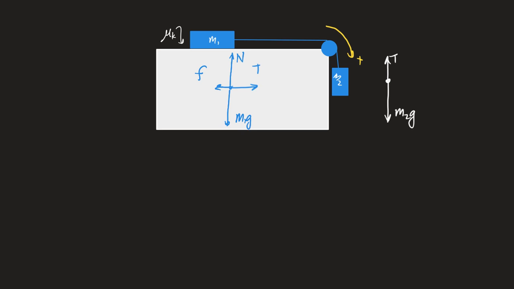Staying in that vein, normal is equal to M1G. Friction equals mu times normal force. Tension minus friction equals M1A.